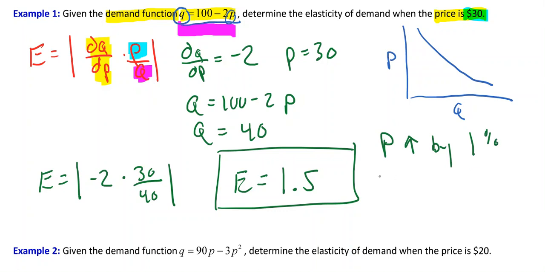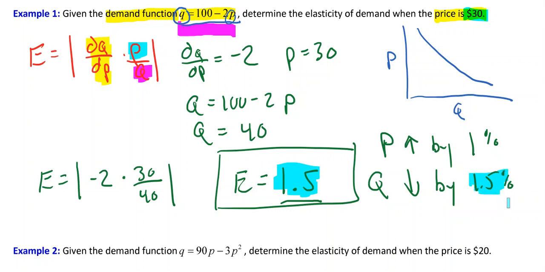Then the quantity demanded will decrease by 1.5%. So that's really what this means. This tells you the percent decrease in quantity demanded if price increases, or vice versa. If price decreases by 1%, then the quantity demanded will increase by 1.5%.